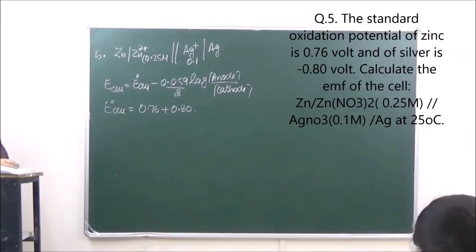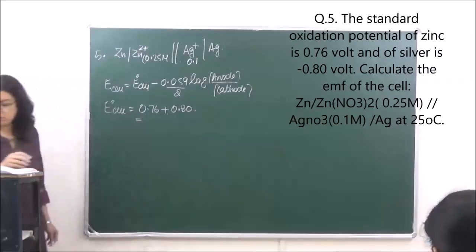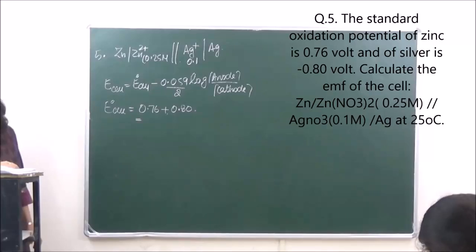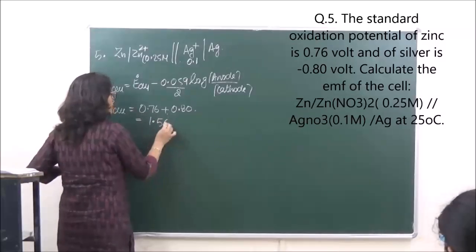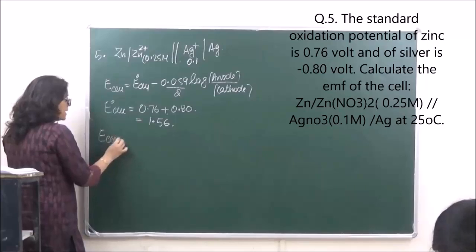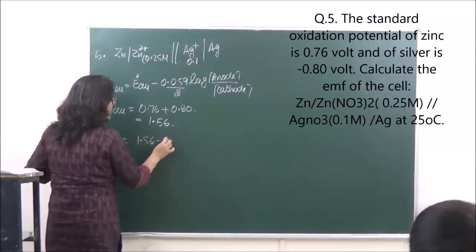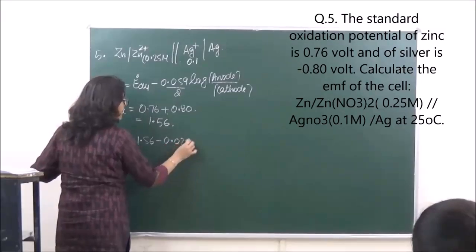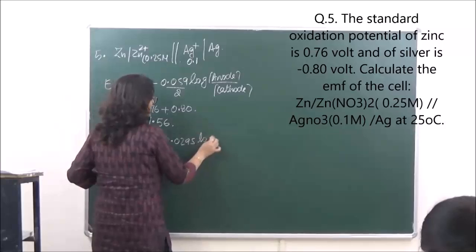Okay. So what are we getting over here? The answer will come to 1 point how much? 1.56. ठीक है. So let's put the value. E cell is equal to 1.56 minus 0.0295 log of anode.